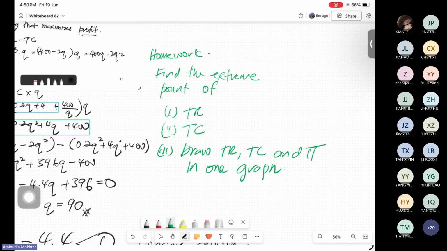You need to justify whether the extreme point is maximum or minimum by using the first derivative and second derivative for TR and TC. And then the last one, please draw all the graphs, TR, TC, and pi in one graph. From that graph, you will see the extreme point of the TR, TC, and also the pi.